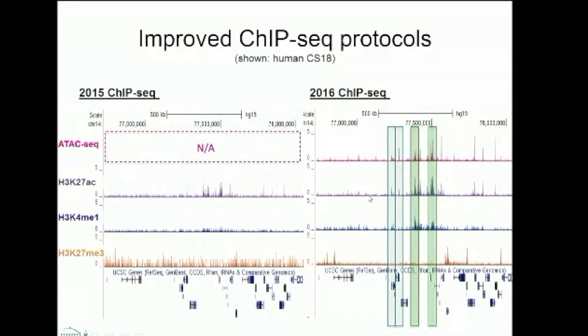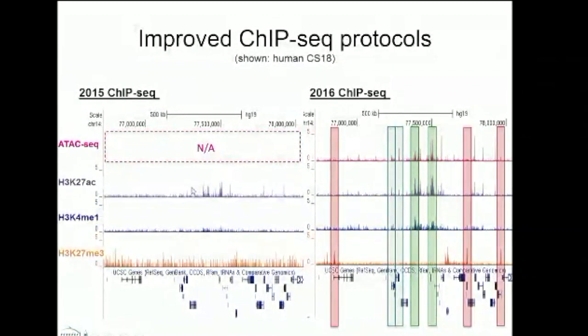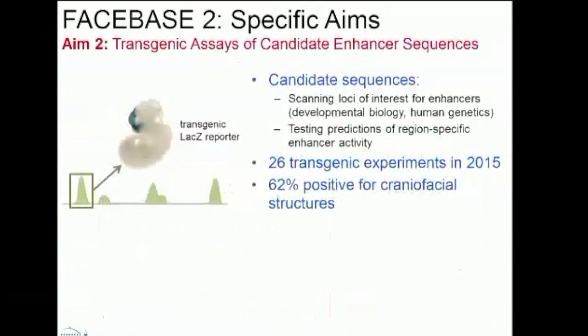You see, for example, these two here, which you don't really see in this lower quality data. And then importantly, for the K27me3, we now start to see nice peaks that clearly stand out over the background. So moving forward, we are using these improved protocols, which will hopefully increase the value of the data for the users of FaceBase.